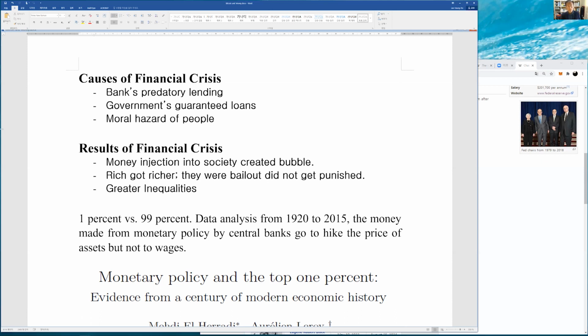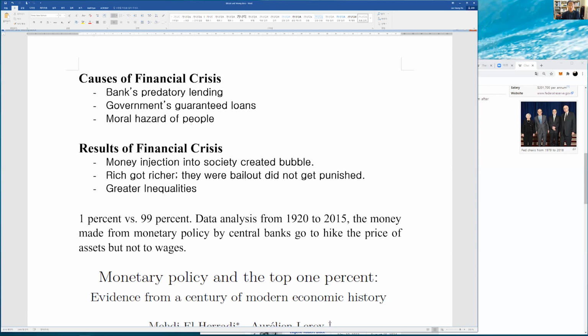And another thing that we have to emphasize is the moral hazard of people in the bank, people in the society. They didn't evaluate their ability to make payments.